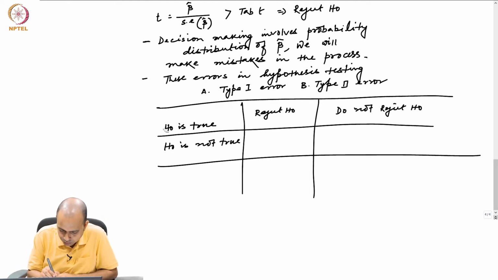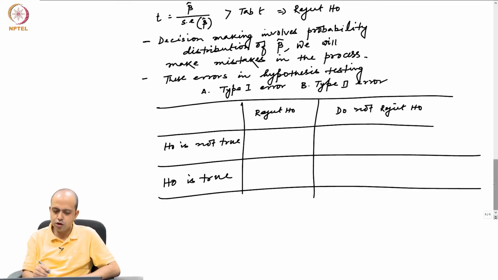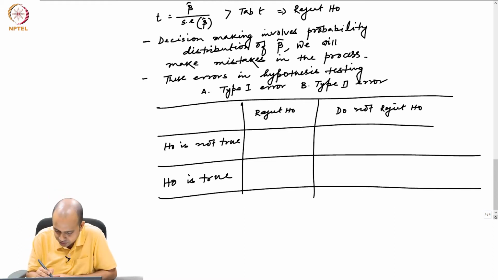So, here I am just writing H naught is not true, H naught is true. Or I will write like this. First case is, let us say H naught is true and this is H naught is false.